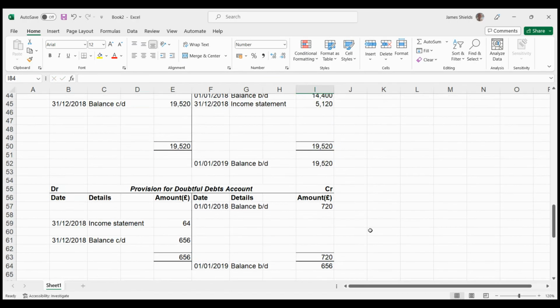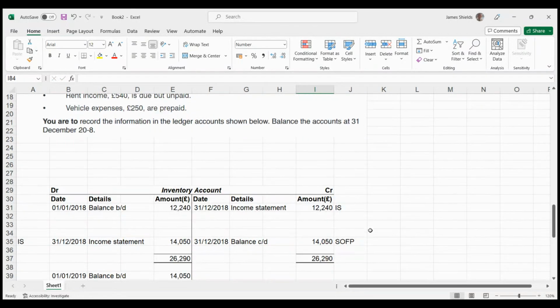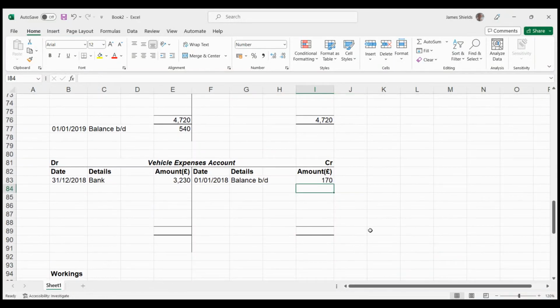Now let me just check the amount. I think it was 520, or was it 250? 250. So we've prepaid £250, so we're reducing what was paid in the year. If it's been prepaid at the end of the year, that is now your balance carried down. And the date's the end of the year, 31st December 2018.